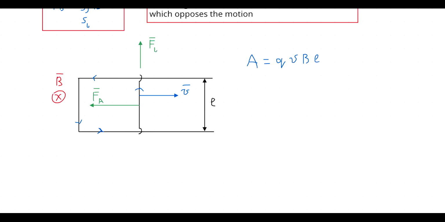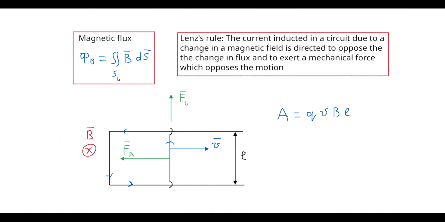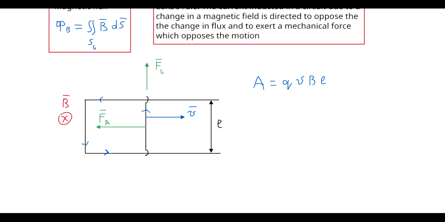Okay, and what about magnetic flux in this situation? We can say that there will be increase of area of the circuit, and this increase may be shown in the next way.